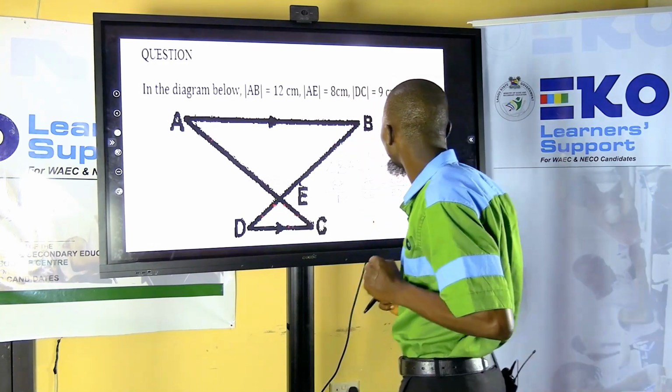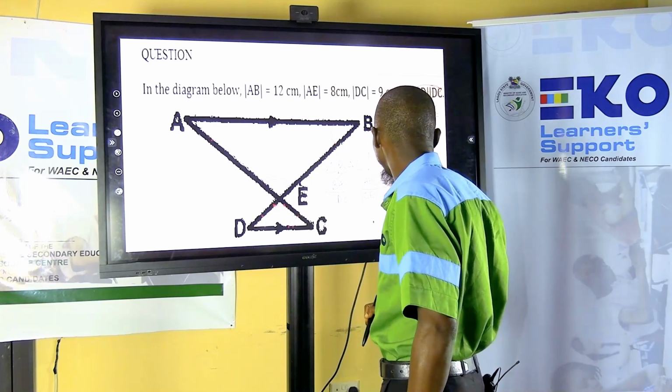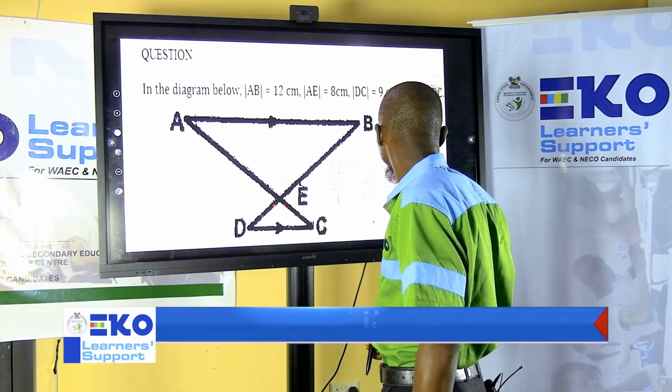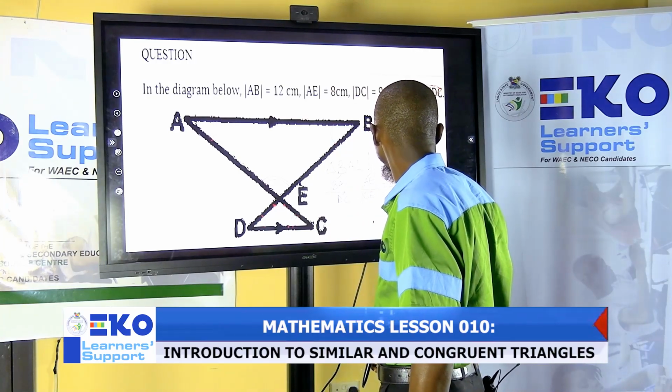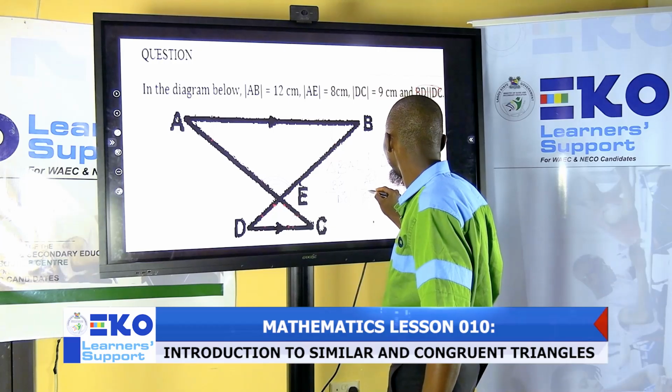So what are those things given? AB or BA is given, AE, DC, and this EC or CE is what we are looking for.